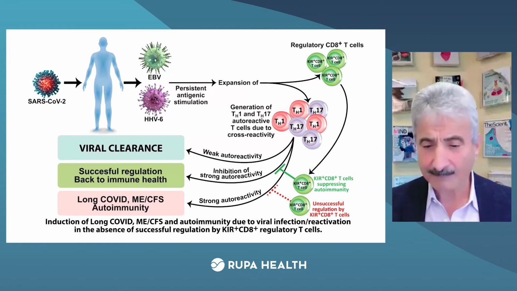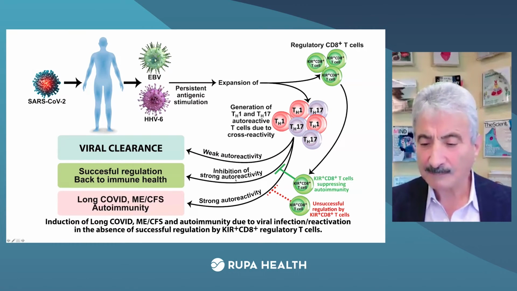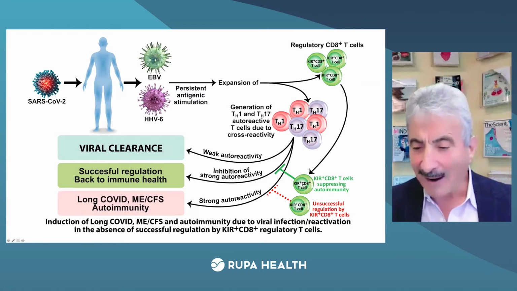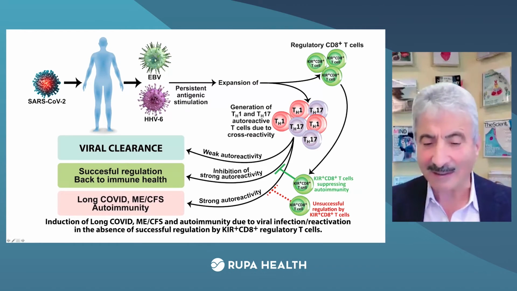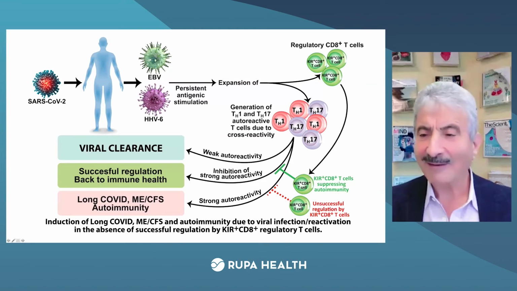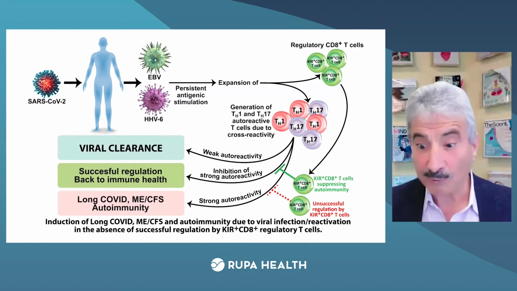But if the autoreactivity is strong, the KIR positive CD8 T cell can suppress the activity of these Th1 and Th17, also prevent autoimmunity by regulating the immune system and getting back to immune health.